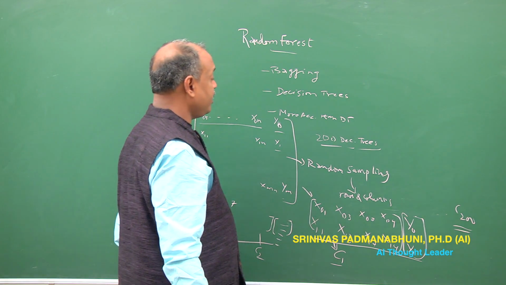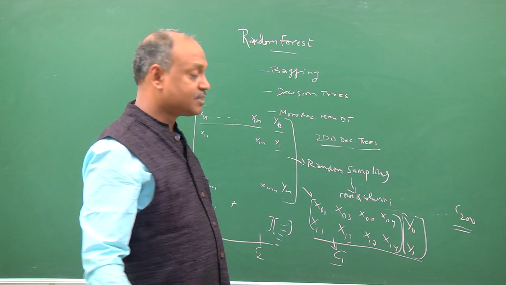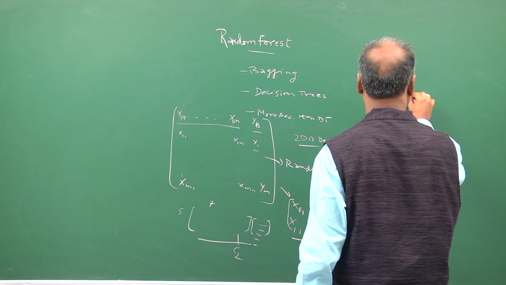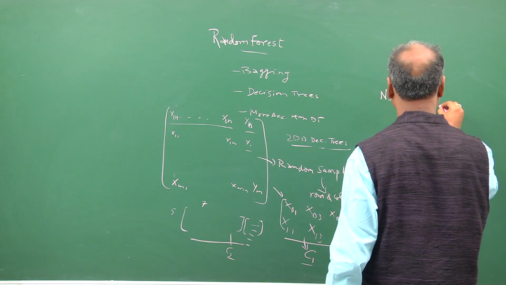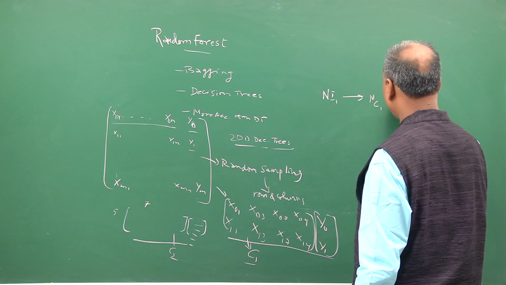In order to get the actual result when a new input comes in, you take the new input and find out the class given by the first classifier, and so on.